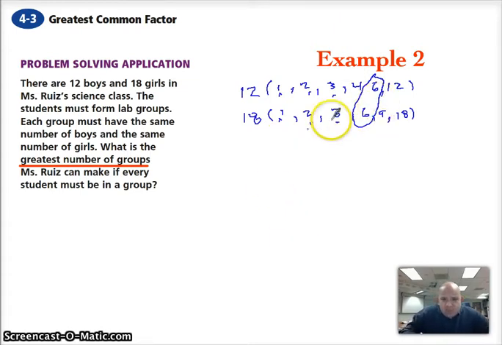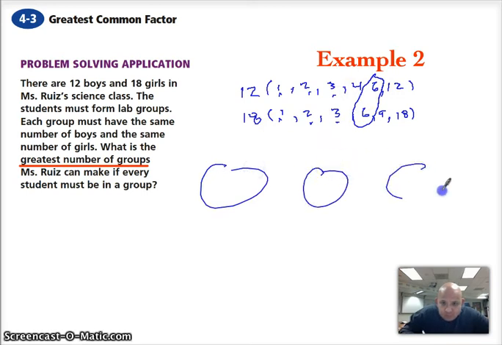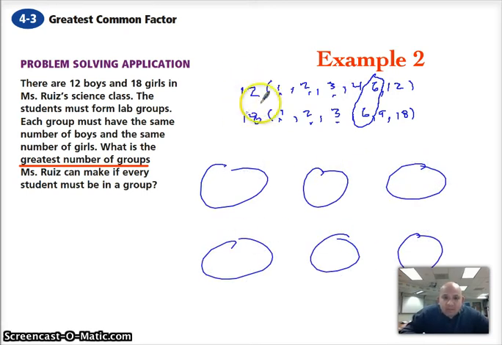6 groups of how many boys, how many girls? Well, in this case, if we have 6 groups, 12 divided by 6 is 2, so we're going to have 2 boys in each group. We hope there's none left over, and I can pretty much guarantee you there won't be using this sort of a method.